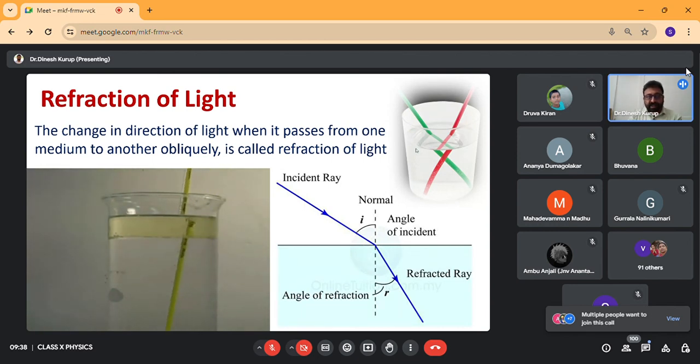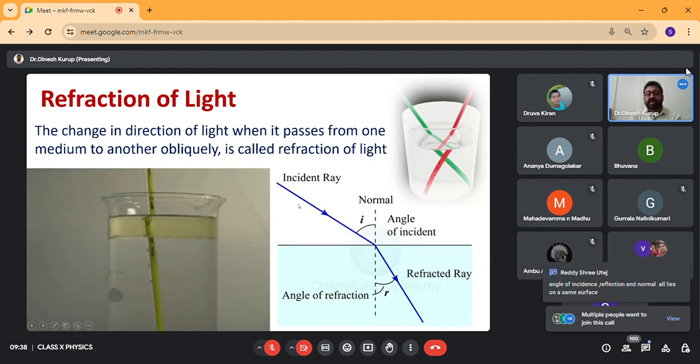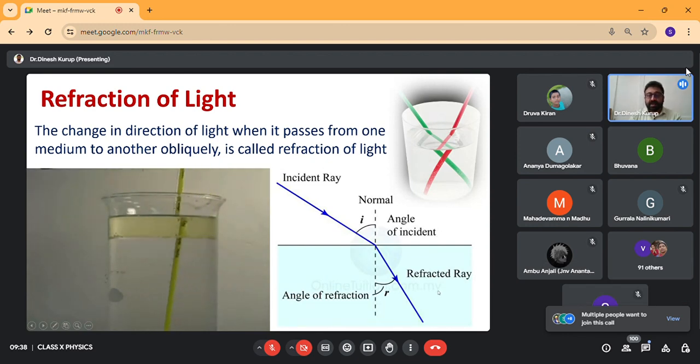I'll explain now itself. When light ray comes from one medium to another medium, see this one. This is air. Air has lesser optical density, that means particles in air will be lesser. When it is entering water, which has larger density than air, large number of particles will be there.